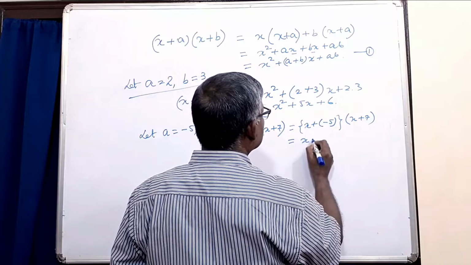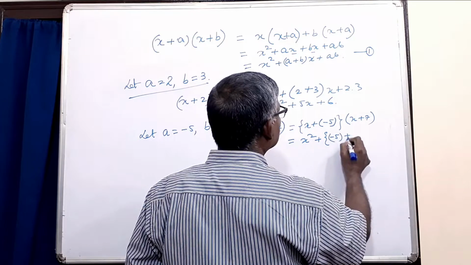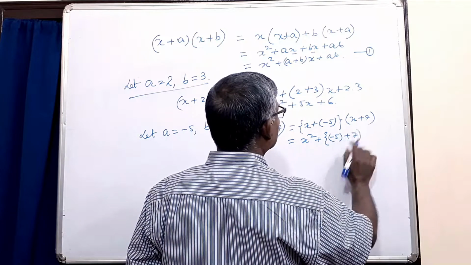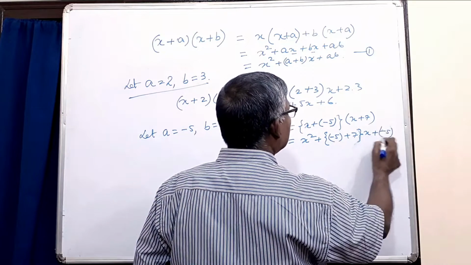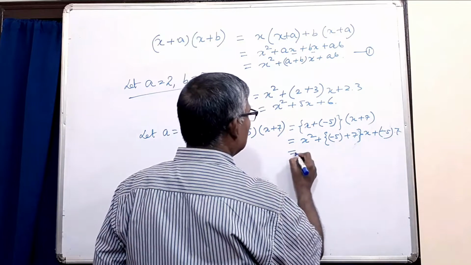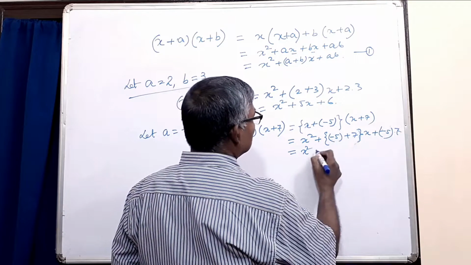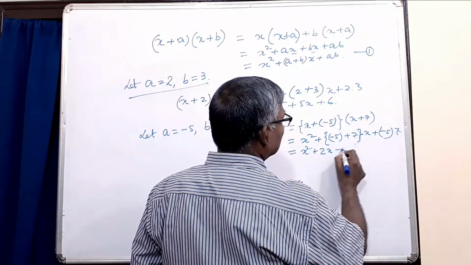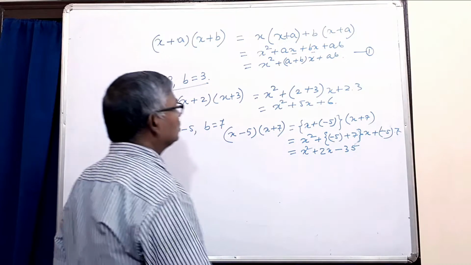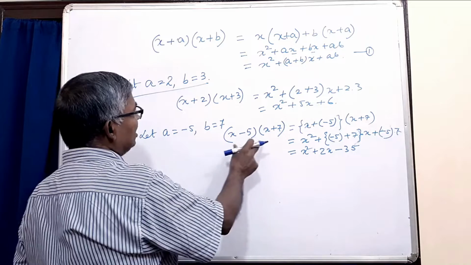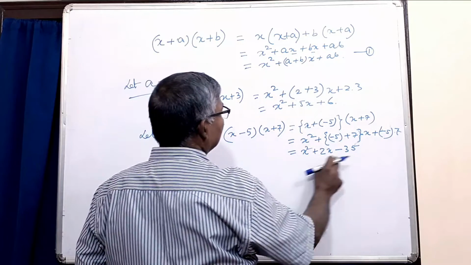So it will be x square plus (minus 5 plus 7)x plus minus 5 into 7. So this is x square, here minus 5 and plus 7 is 2x, and minus 5 into 7 is minus 35. So you will get the product by putting the values of a and b.